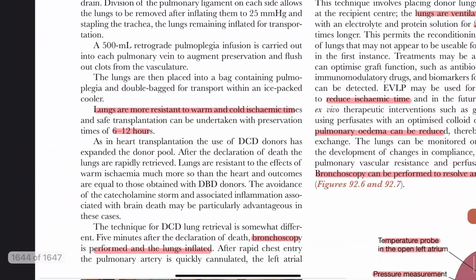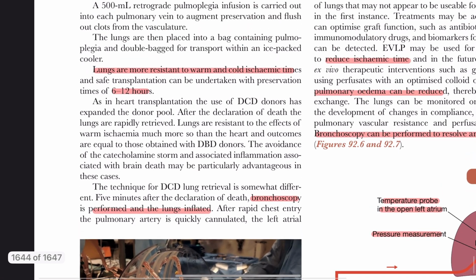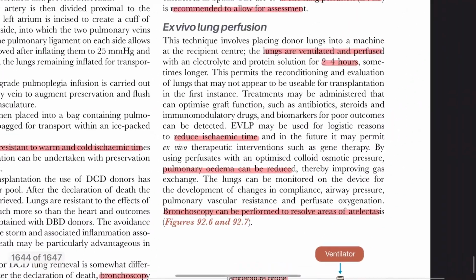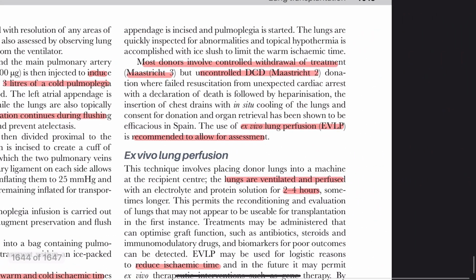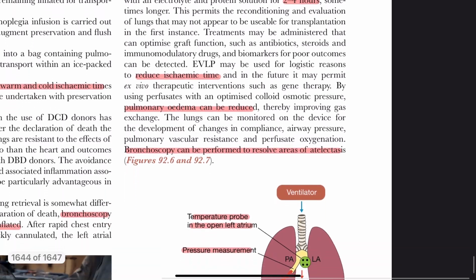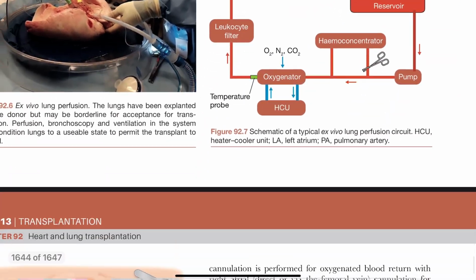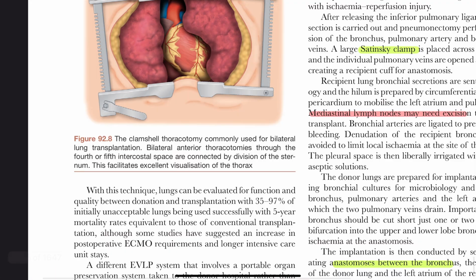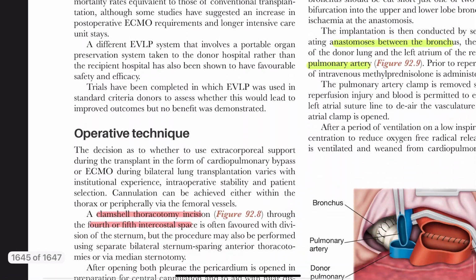Then this line: the lung is more resistant to warm and cold ischemia. And this incision is clamshell thoracotomy.